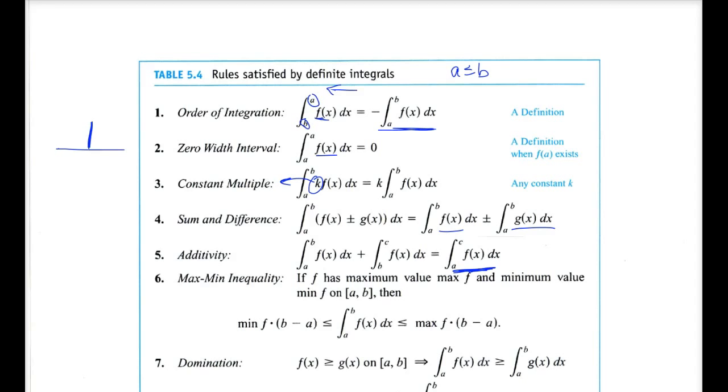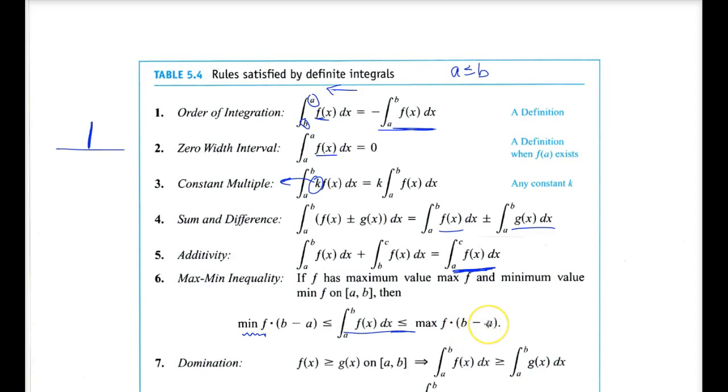All right, so number 6 is the max-min inequality property. What this property basically says is that if we wanted to find the area under the curve of some function, then we can estimate it to be in between the minimum value of that function times the difference between x equals b and x equals a, and on the high end, the maximum value for that function times b minus a again.